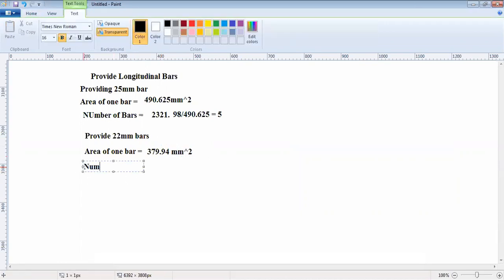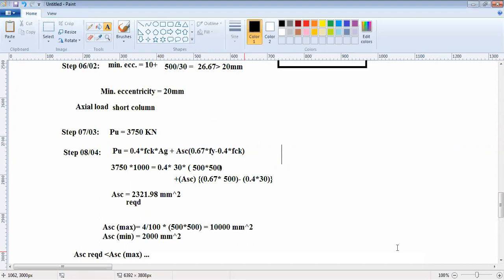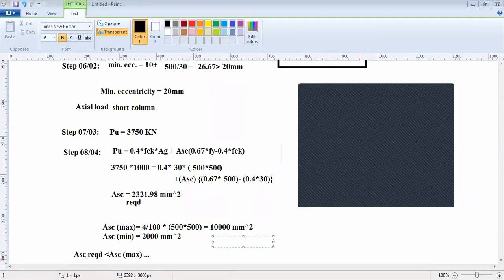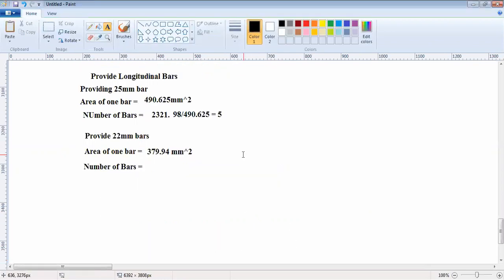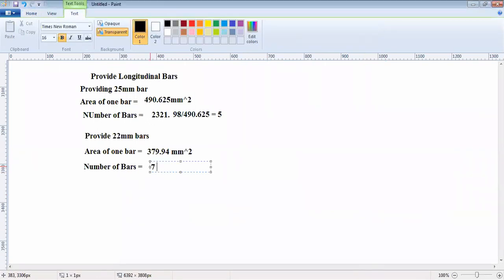So the number of bars that we provide is, yes, how many? 2321.98 divided by 379. That's around 7 bars.